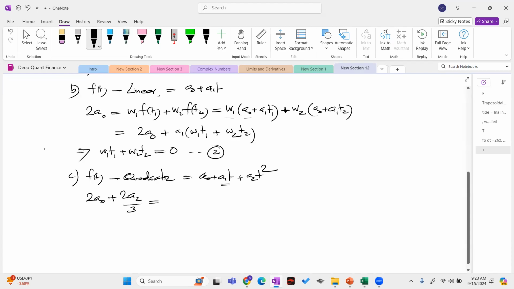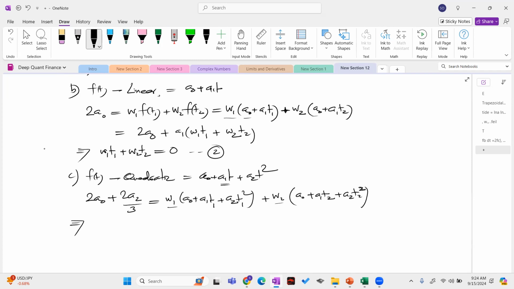And this is equal to w1 f(t1). In place of f(t1), I'll write a0 plus a1 t1 plus a2 t1 square. Then sampling at t2, this will give me a0 plus a1 t2 plus a2 t2 square. Okay, now if we compare this, again, 2a0 will get cancelled because w1 plus w2 is 2, so 2a0 will get cancelled.